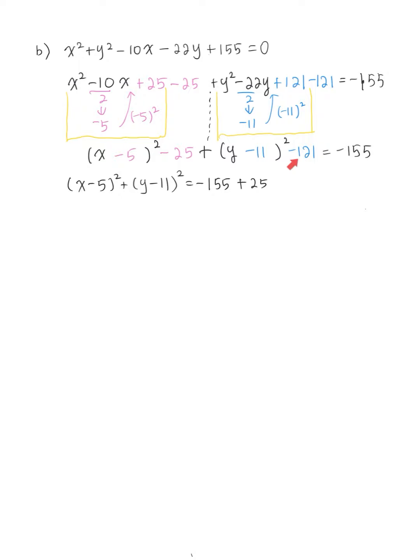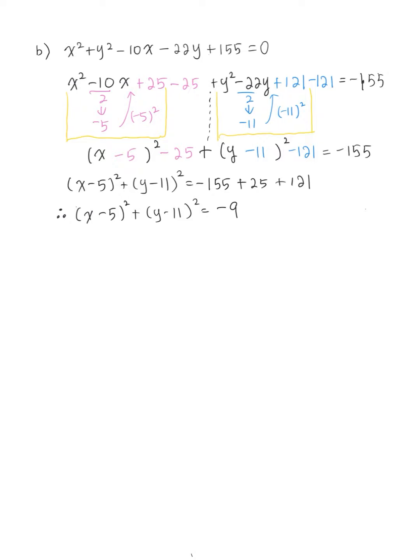Now I'm going to bring that to the right-hand side by adding it. So then here you're going to get plus 121. Which gives us, so therefore, what do we got? We got (x minus 5) squared plus (y minus 11) squared equals, what is that? Negative 155 plus 25 plus 121. Is that negative 9, I think? Double check my work, please.